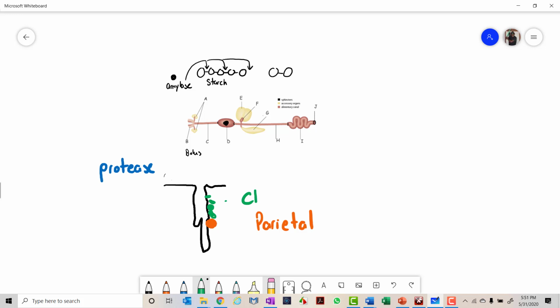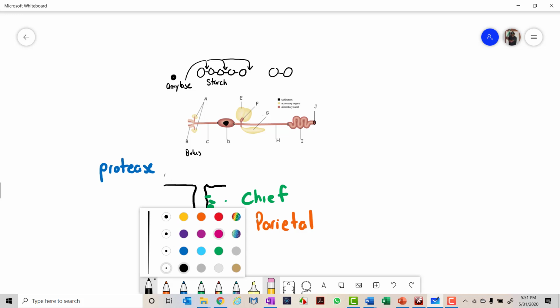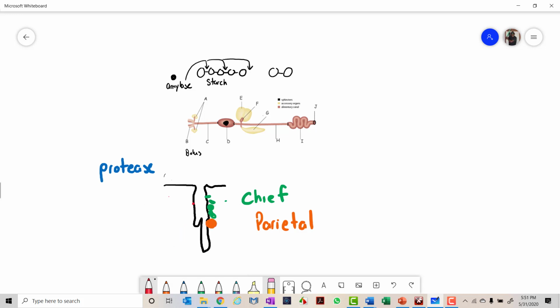And higher up, you're going to find the occasional mucus cells. So spread out every few of these places, these mucus cells.